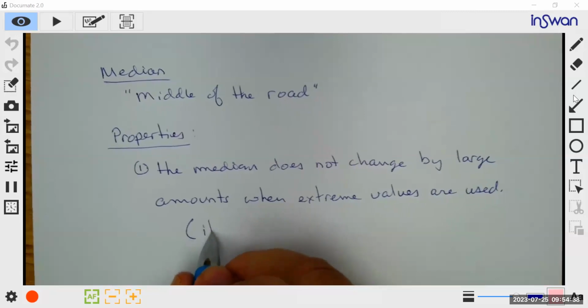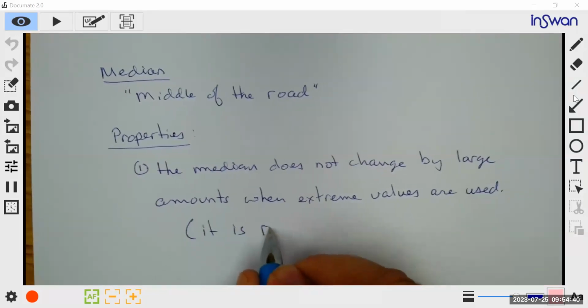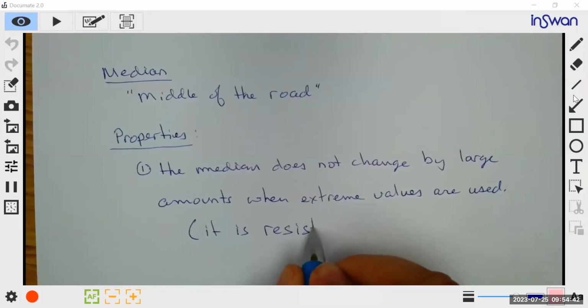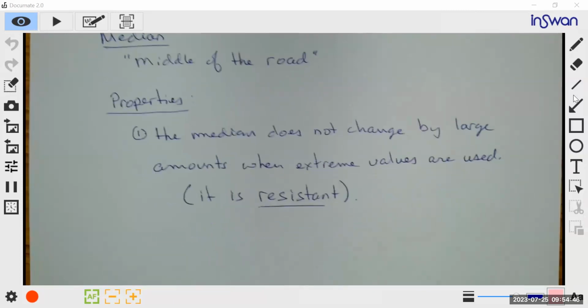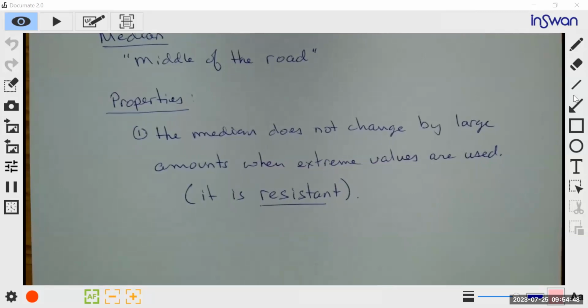Meaning it is resistant. Remember what resistant meant? Resistant means it's not affected by any outliers.